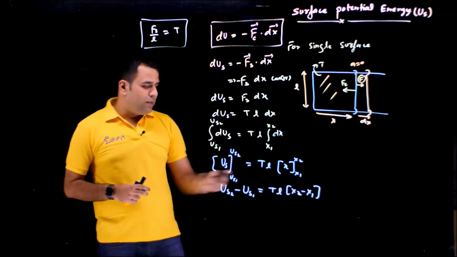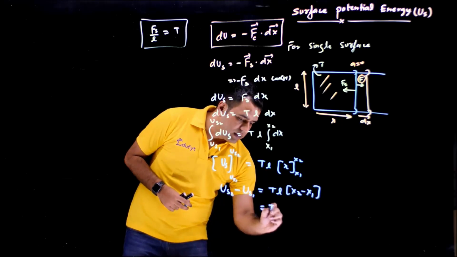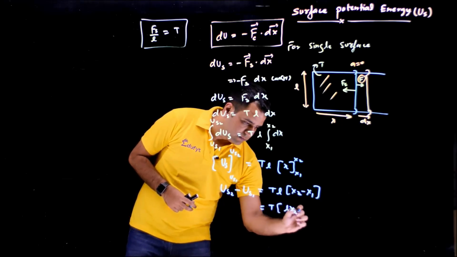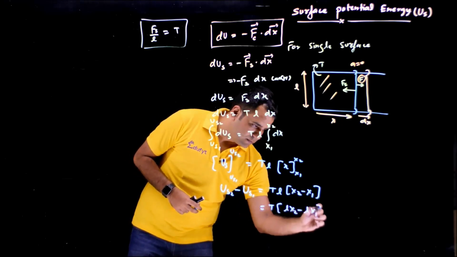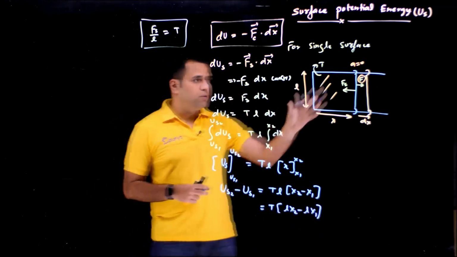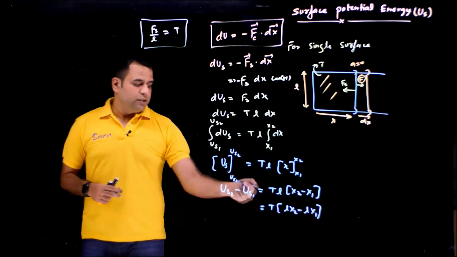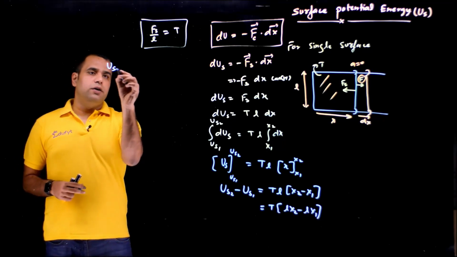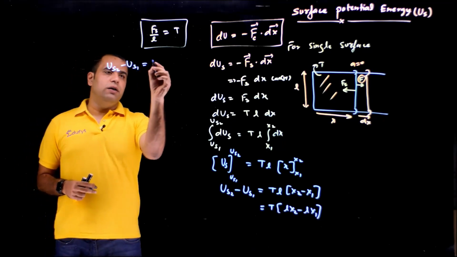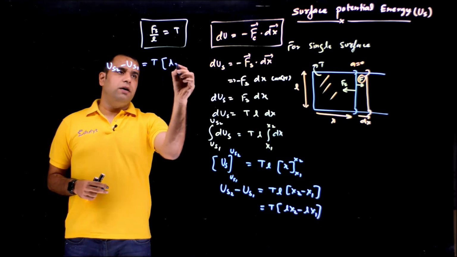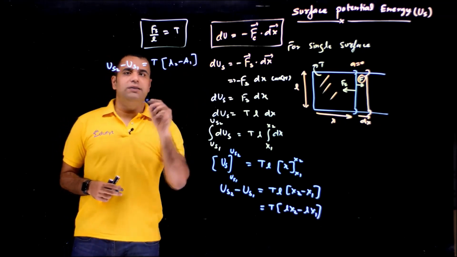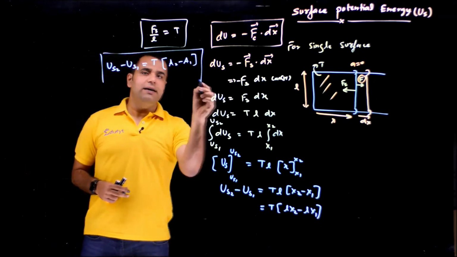If I multiply L inside, you see, L x is nothing but the cross-section area. So the whole equation becomes Us2 minus Us1 is equal to T times (A2 minus A1), where A1 is the initial area and A2 is the final area.